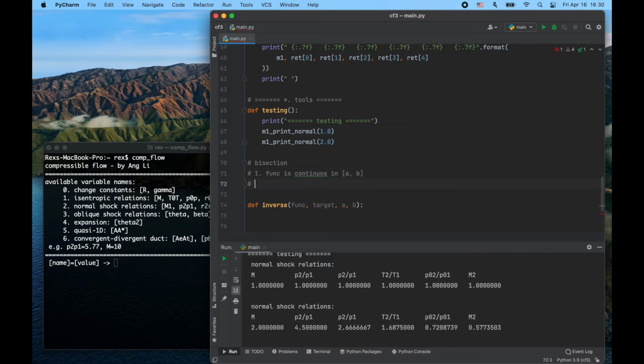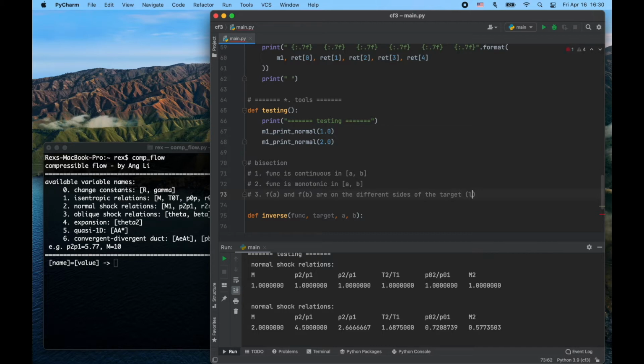Then the function is monotonic in A and B. Third, FA and FB are on different sides of the target.